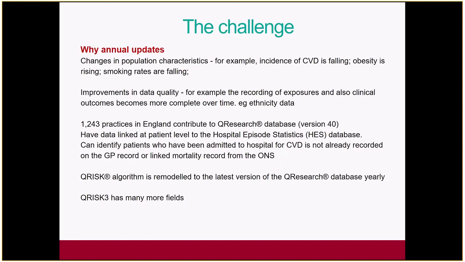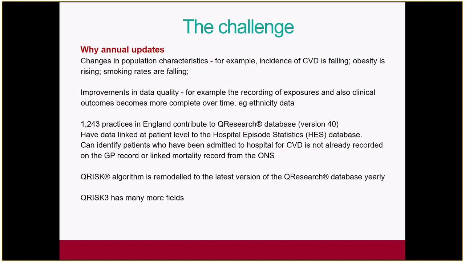So what is the challenge? Well, the challenge is the annual update that happens with QRISK. QRISK itself is an algorithm, it's a computer program, and it is based upon the general population that we have in England, in practices that form part of the QRISK database, and that's 1,243 practices.